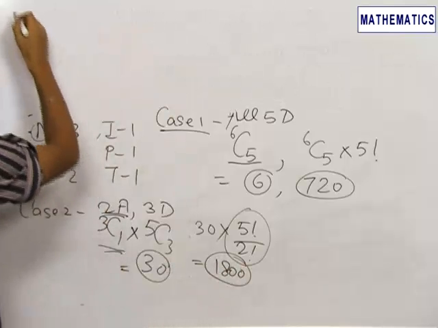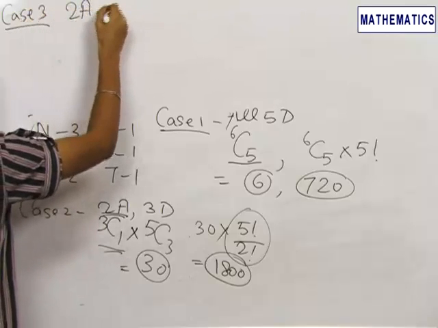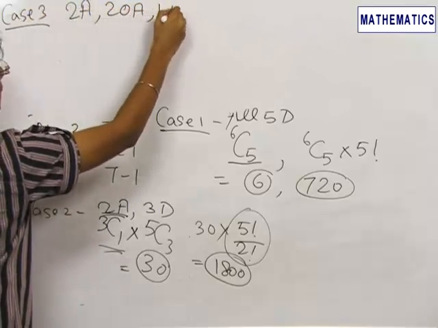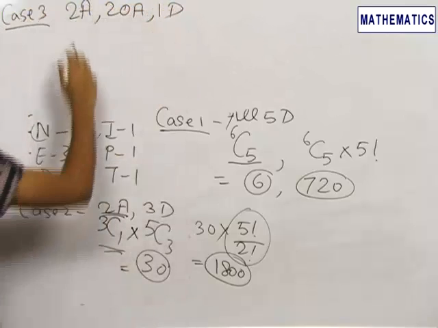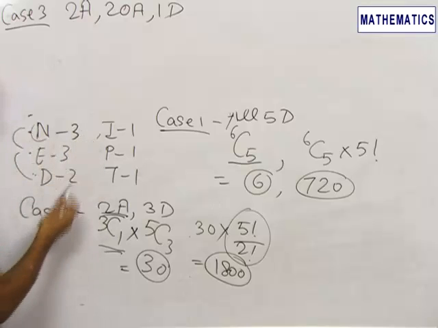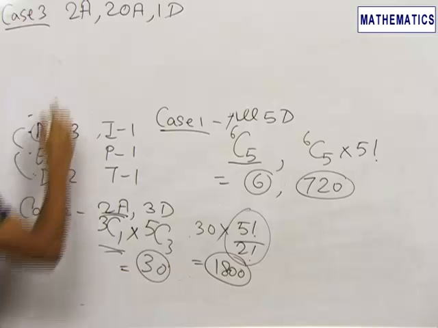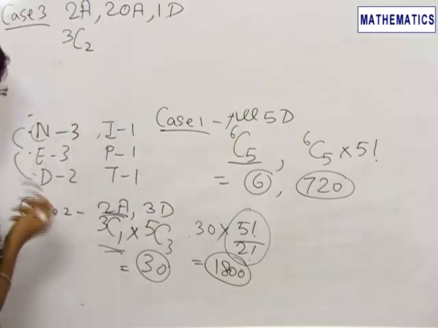Now comes our next case, which is 2 alike alphabets, 2 other alike alphabets and 1 different. Now 2 alike and 2 other alike will come from these 3. So if we select any 2 alphabets out of these 3, we can get 2 alike and 2 others alike alphabets. Hence this is 3C2.